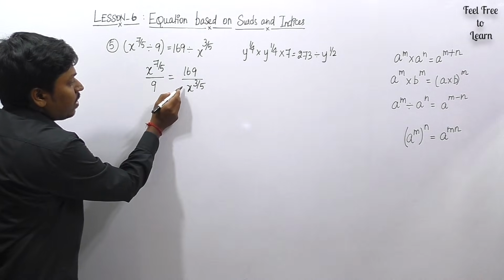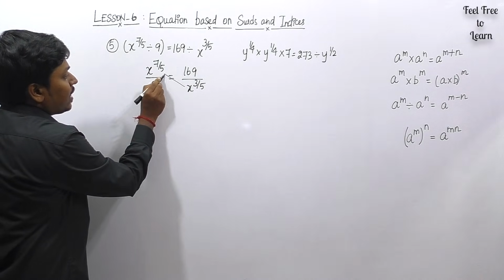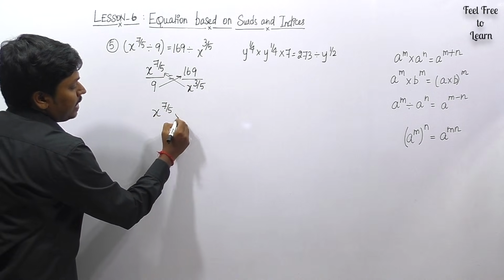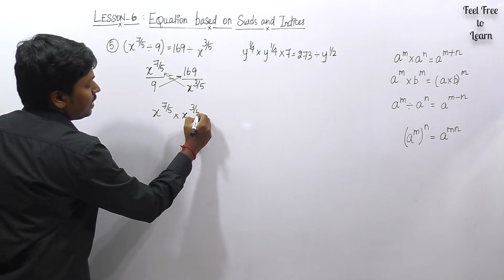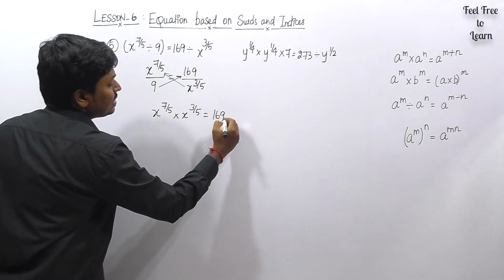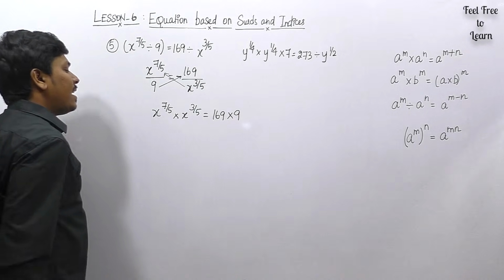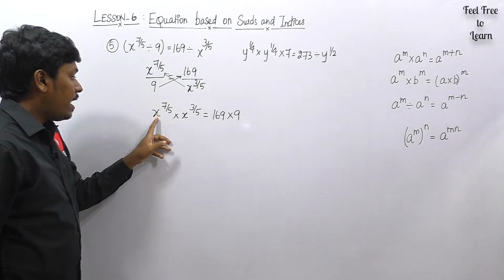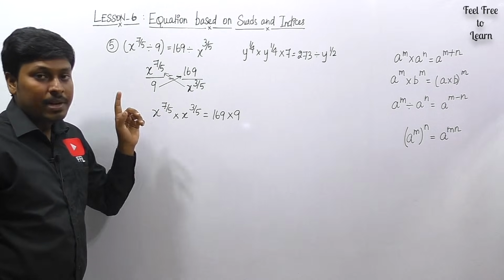So friends, when you cross multiply, listen carefully, you can cross like this. This can be written as x power 7 by 5 into x power 3 by 5 is equal to 169 into 9. According to the first formula, a power m into a power n will be a power m plus n.